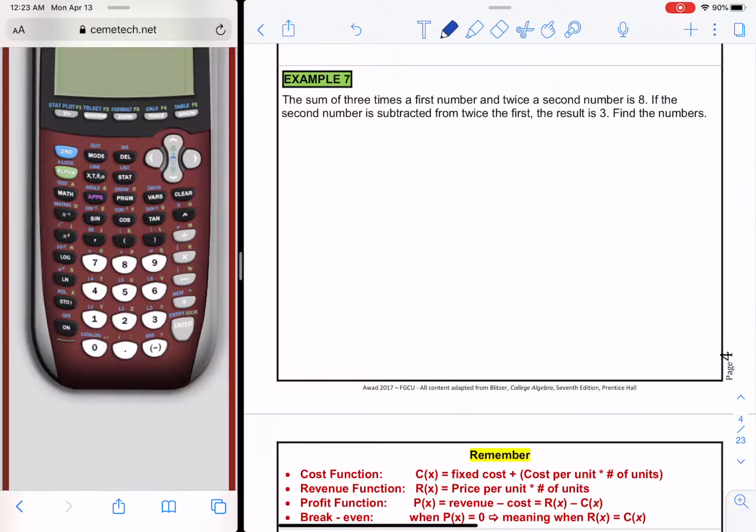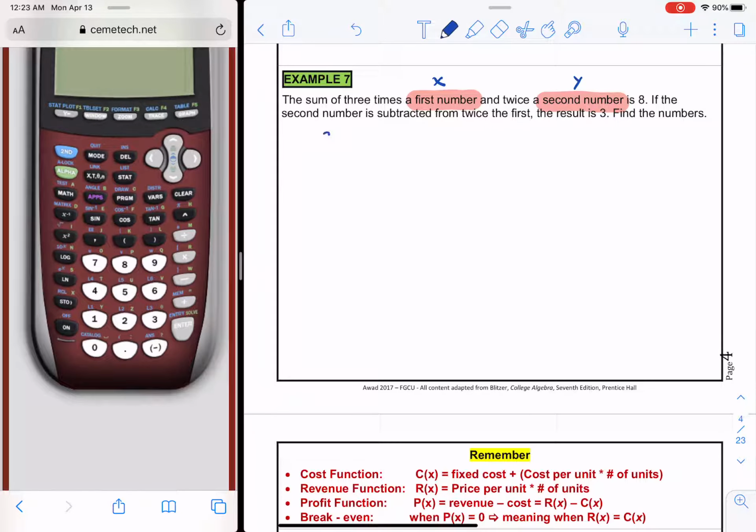Example 7 is a word problem, and we want to translate the word problem to a system of equations. So here we have the sum of 3 times the first number and twice the second number is 8. I'm going to call the first number x, the second number y.